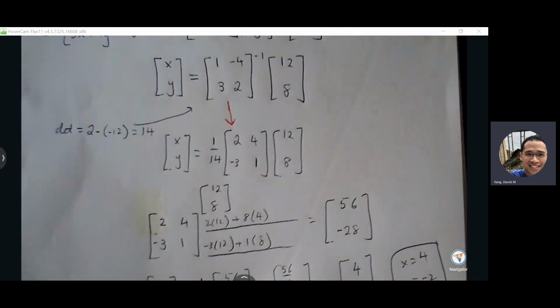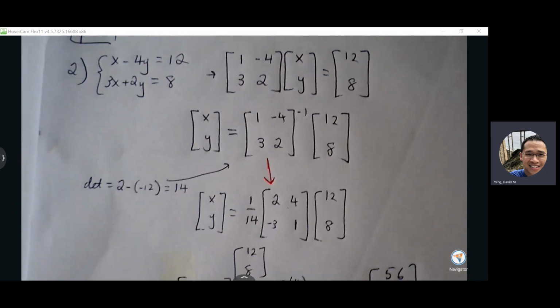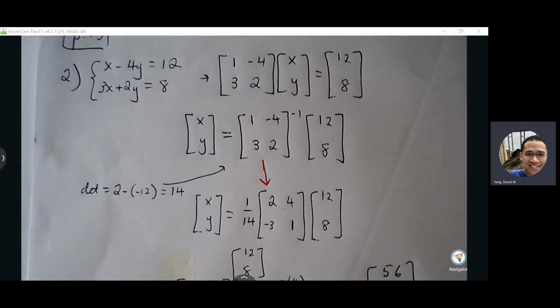And this is the example that I did in class before we did our classwork. So we said that we can start off with a system of equations, build a 2x2 using the coefficients. Then we have a variable matrix, and then we have a constant matrix. Okay. If I want to solve for x, y, I have to bring this 2x2 matrix over, but we don't divide by a matrix.